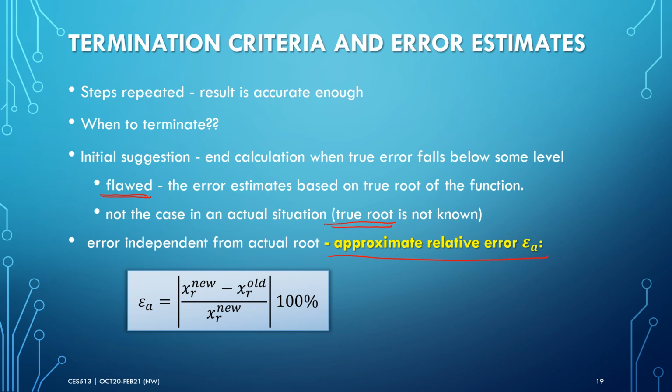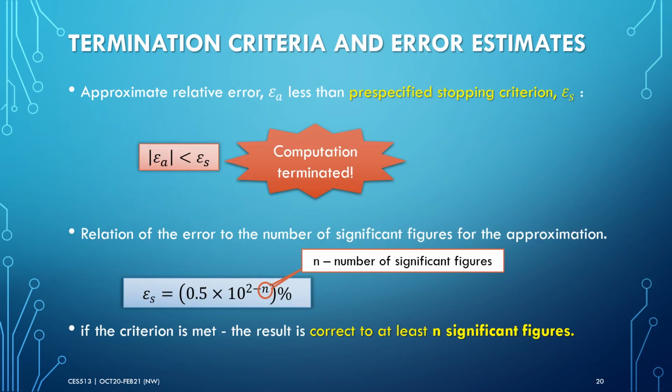So we can get this relative error equal to the new estimation minus the old estimation, divided by the new estimation, multiplied by 100%. When the approximate relative error becomes less than the pre-specified criterion, epsilon s, that is when the computation needs to be terminated.